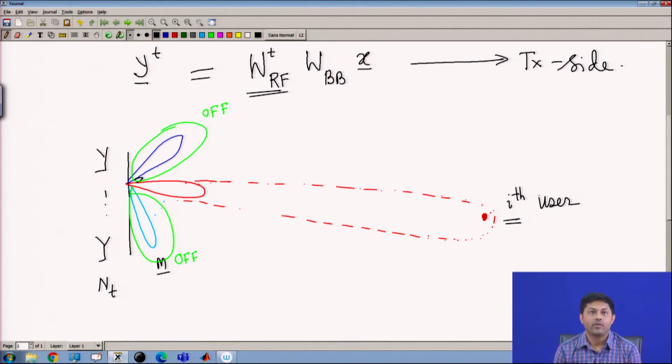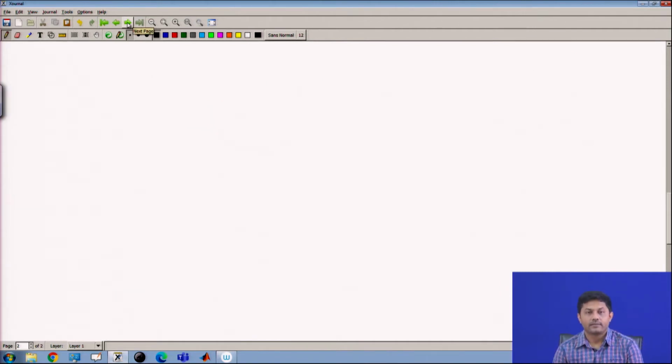So, I do not consider them. How do you view this whole system? It is like one beam is coming and the data is received by one of the users. Let us now proceed with how we can model that. Now, I am at the receiver side.